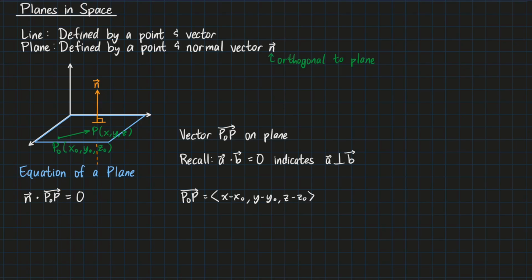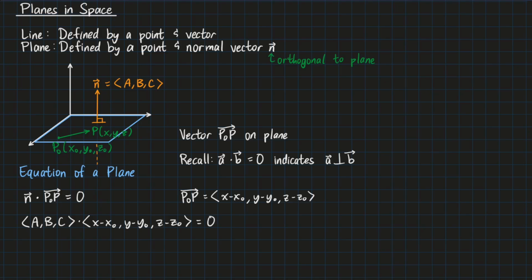For normal vector n, we'll just say that its components are a, b, and c. So substituting these values in, we'll have a vector of components a, b, and c dotted with the vector with components x minus x0, y minus y0, and z minus z0. And this equals 0.